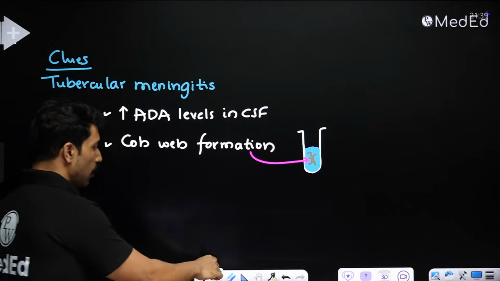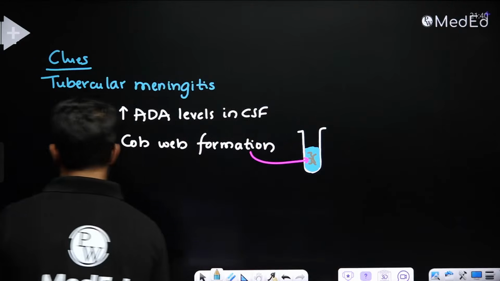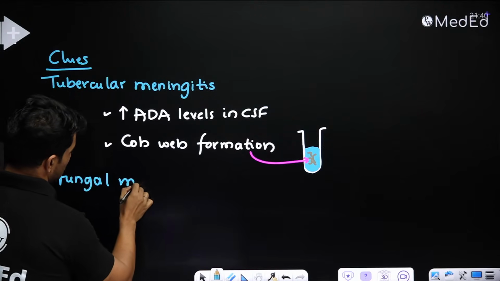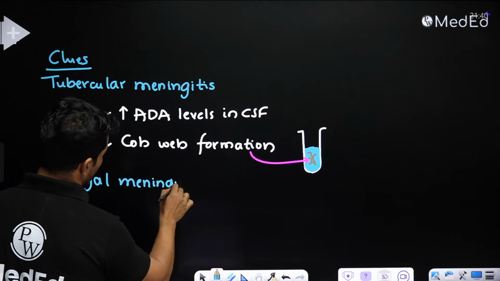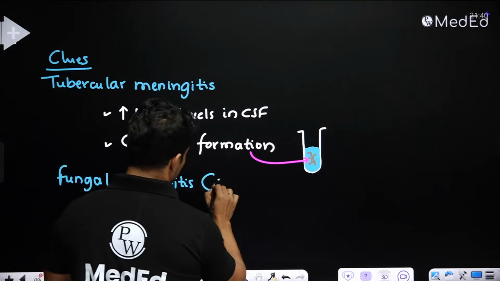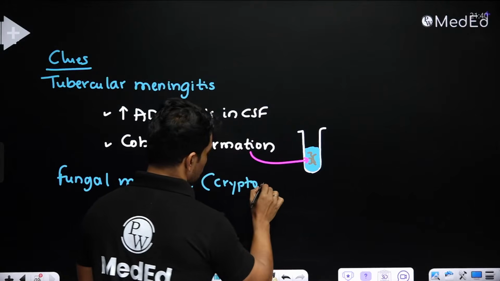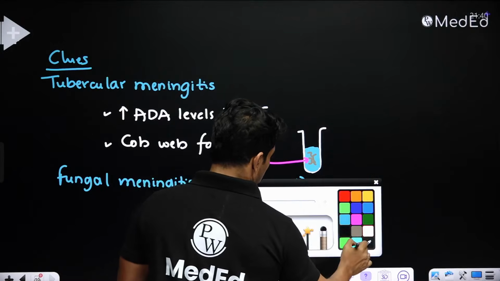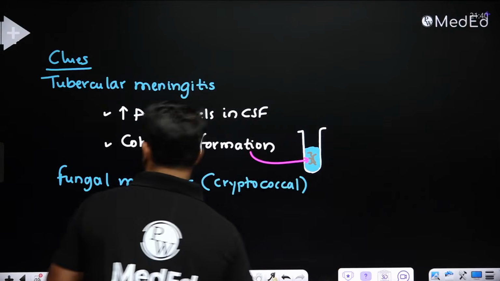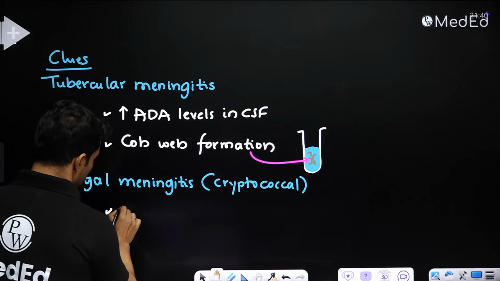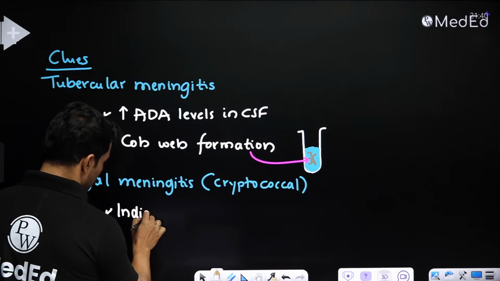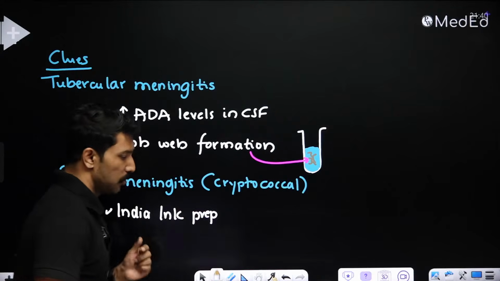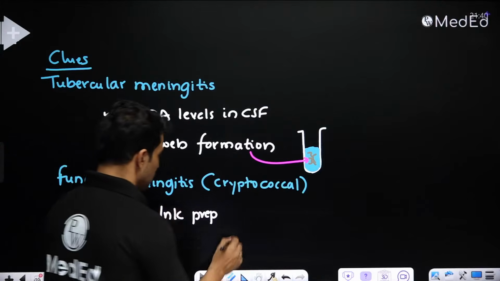Okay. Similarly, what potential clues can I get for fungal meningitis in a CSF-based question? If it is fungal meningitis, the most common one being cryptococcal meningitis, the first clue you will get is a negative staining called India ink preparation, which may be positive, showing capsulated organisms, that is cryptococcus.